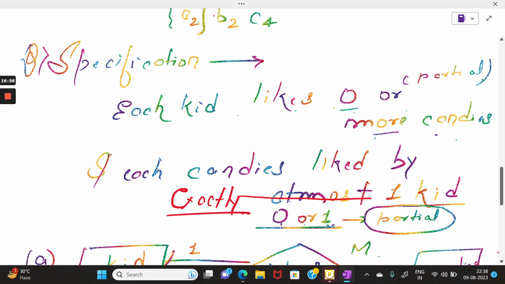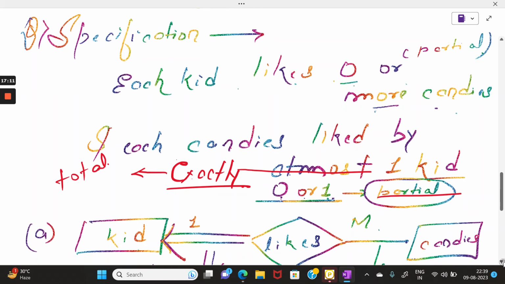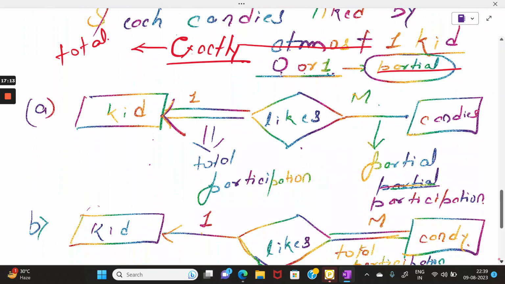Each candy liked by exactly one kid. Now it won't be partial anymore. Okay, if it is exactly one kid, then all the candies need to be participated. So this will be total participation at the candy's end. Okay, so there should be total participation here.